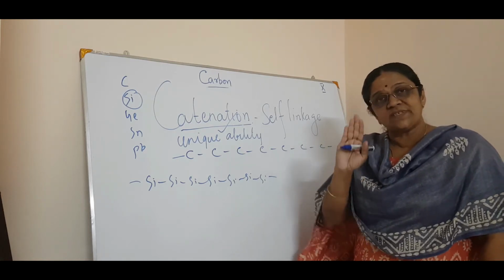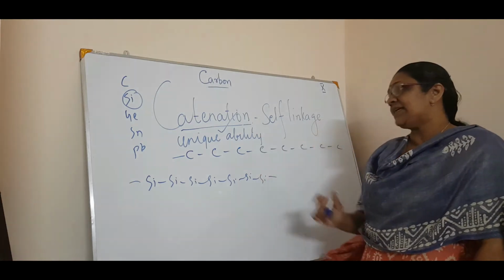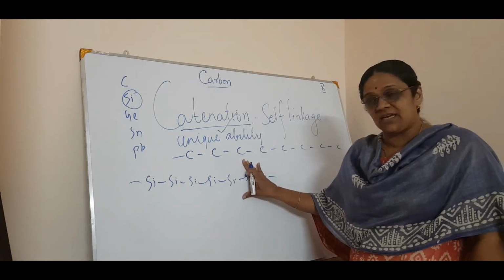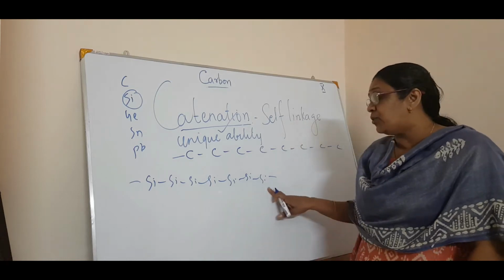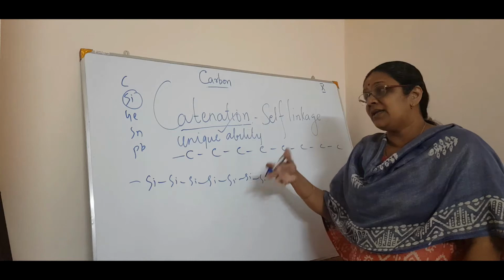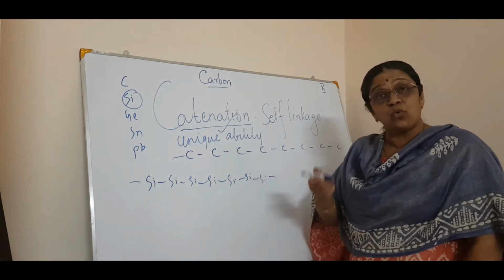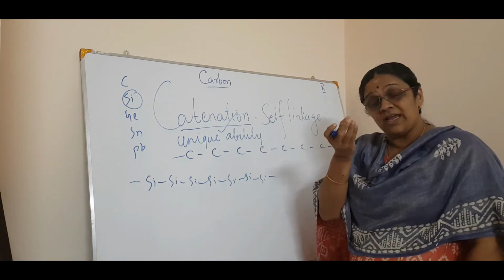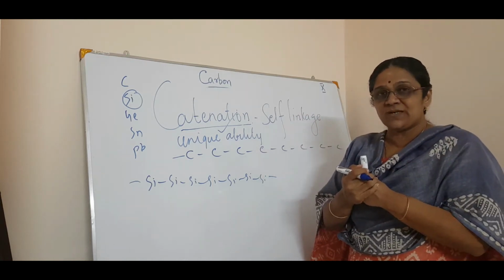We have to satisfy the 4 bonds in carbon. Even silicon can have catenation, but only up to 7 or 8 silicon atoms. Other than that, silicon cannot have more catenation. That is why carbon has so many compounds. A very small element having a huge number of compounds. That is versatile, right?